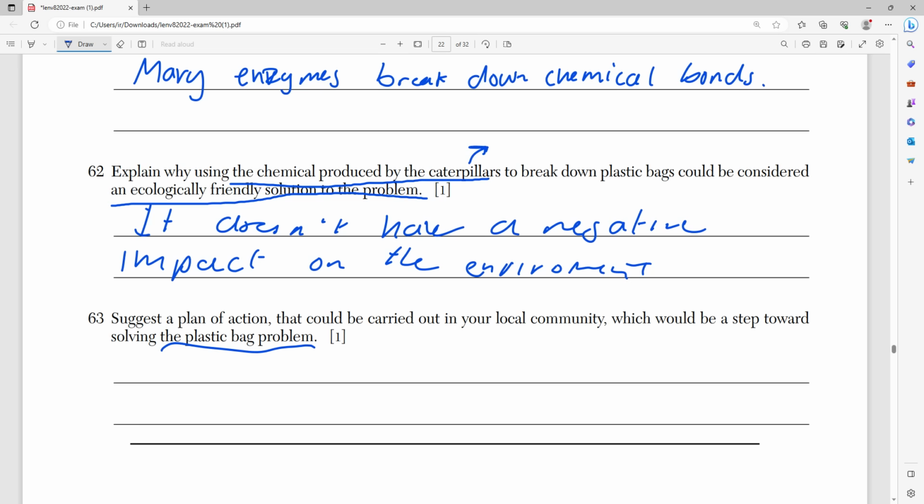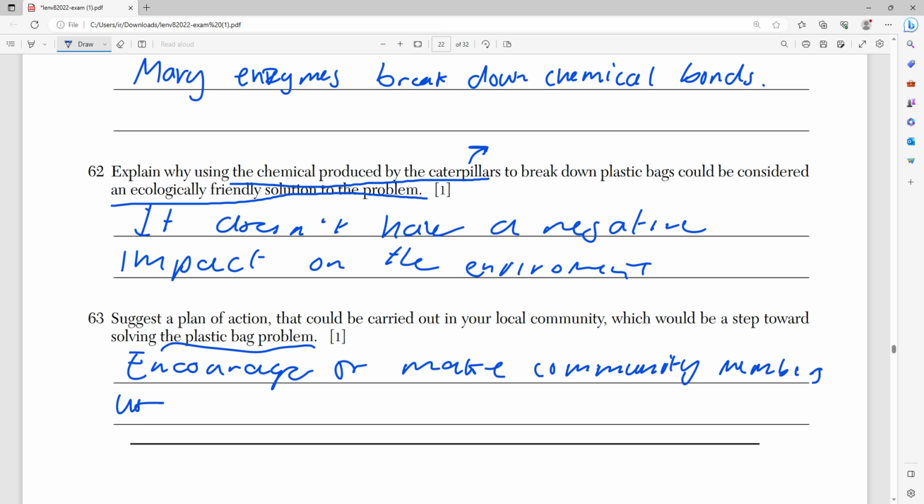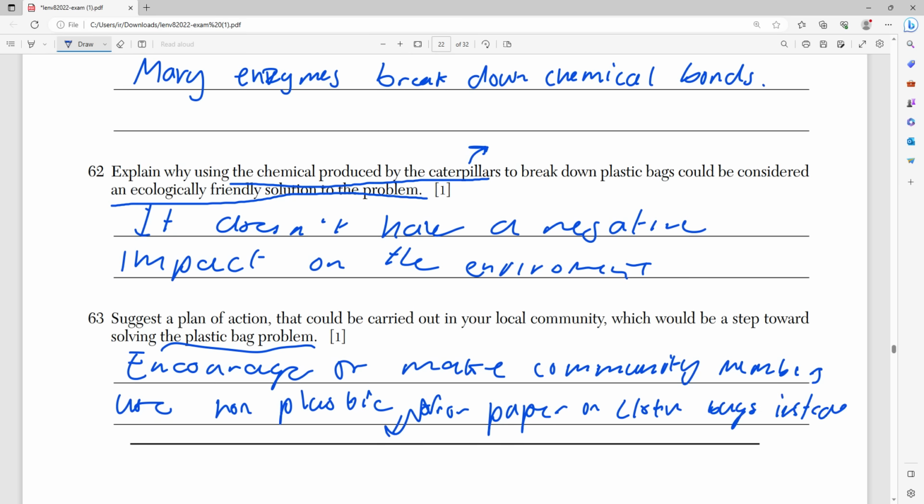So one solution to this would be to encourage or make community members use non-plastic, paper or cloth bags instead of plastic ones, right?